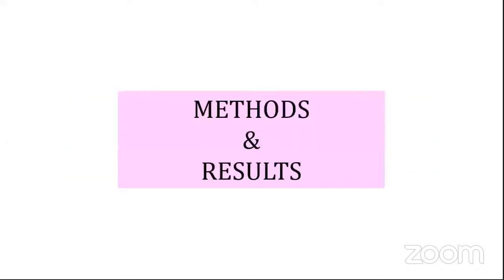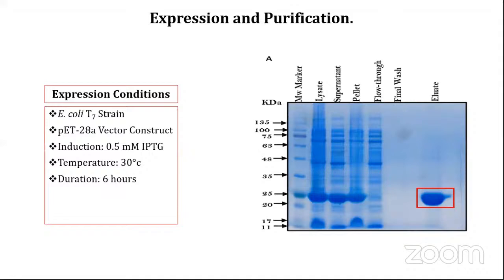And this I was able to achieve by first of all expressing and purifying. So the experimental aspect was carried out by starting with the expression and purification of the protein. For the expression conditions, the protein was expressed in the E. coli T7 expression system using a pET28 vector construct.